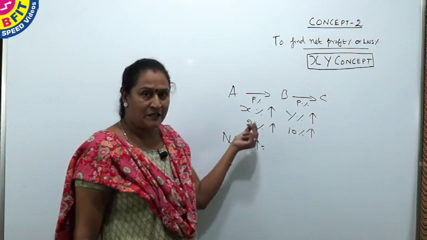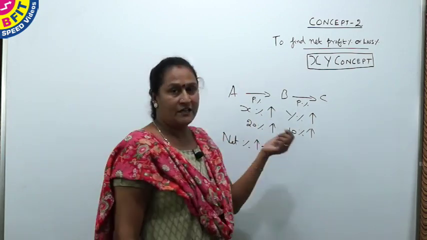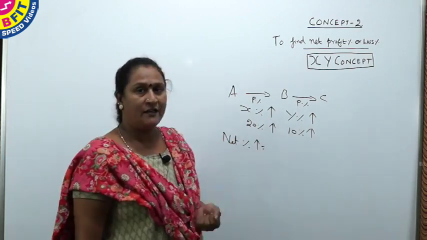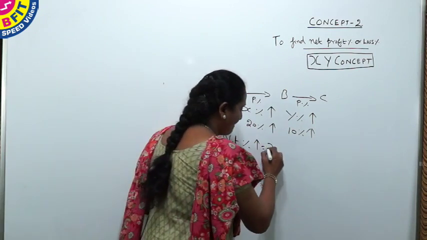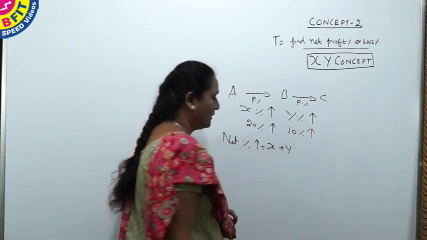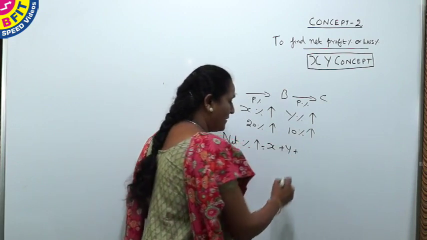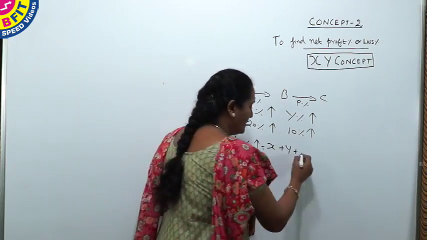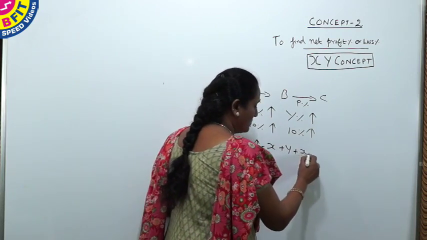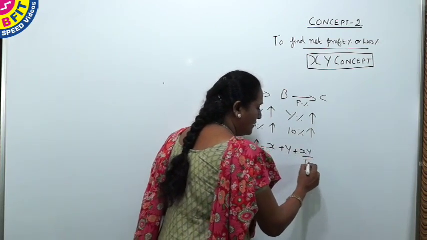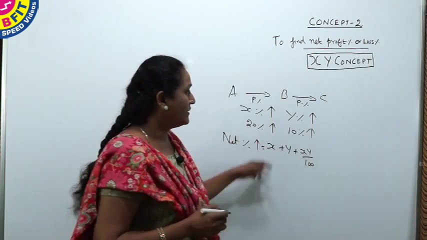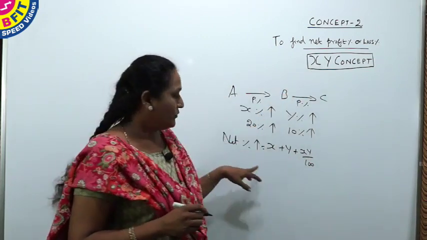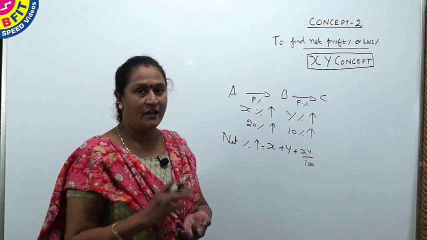So if it is increased by X percent and then increased by Y percent, the net increase is given by X plus Y plus, so apart from this X and Y, you will have some more increase, that is for this initial X, a Y percent increase will be there. So that is the XY concept. So using the XY concept, we can find the net increase.